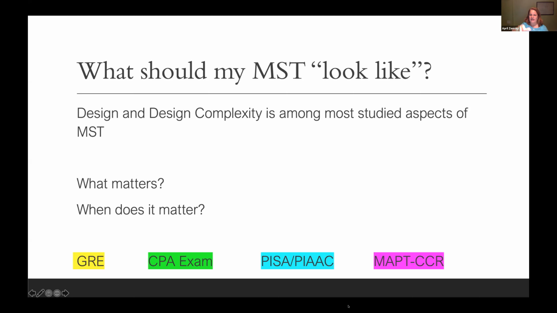And PIAAC is actually a 1-2-2 design. And then the MAP, my test again, is a 5-5-5-5-5-5, because it is a 6-stage adaptive test with not a single routing module in stage 1, but actually 5 modules in stage 1. And really what we see here is that these are different tests with very different choices, but it's again accomplishing different measurement aims.